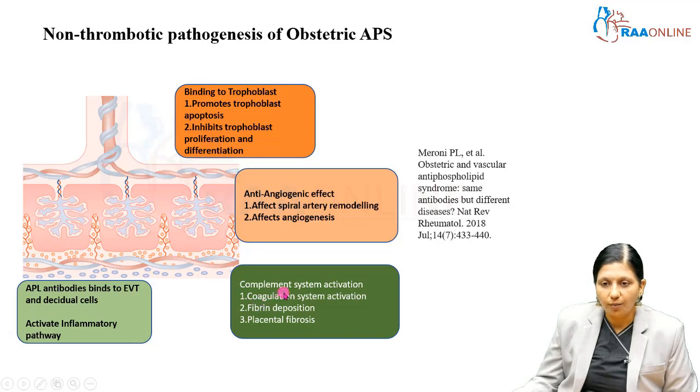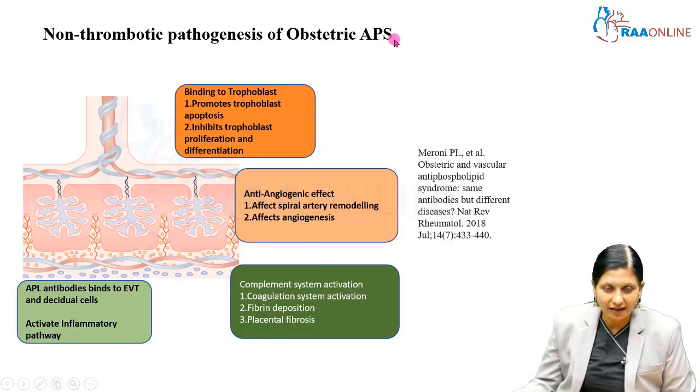Now there can also be complement system activation in the APLA syndrome, and complement coagulation system activation and fibrin deposition and placental fibrosis can happen in these patients, and these antiphospholipid antibodies can bind to extravillous trophoblast and decidual cells, and they can activate the inflammatory pathways. So these are the four ways in which the antiphospholipid antibody syndrome can affect a pregnant individual.